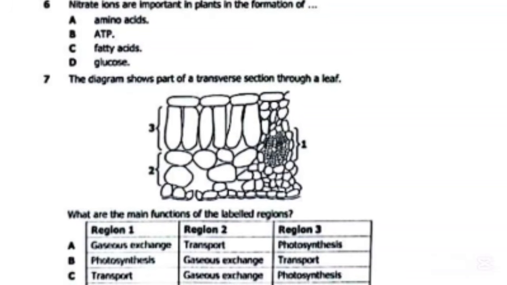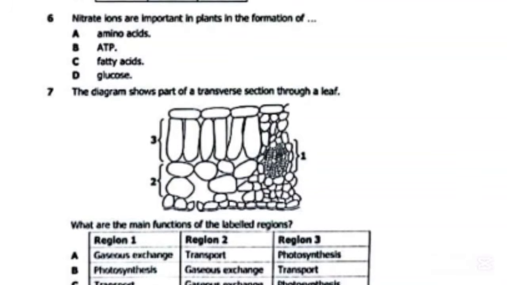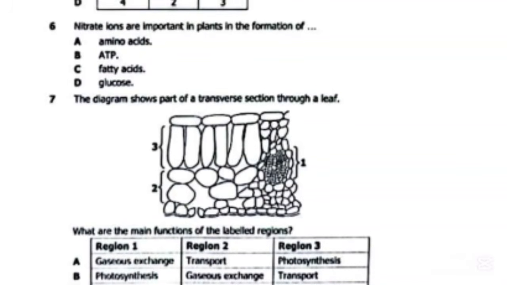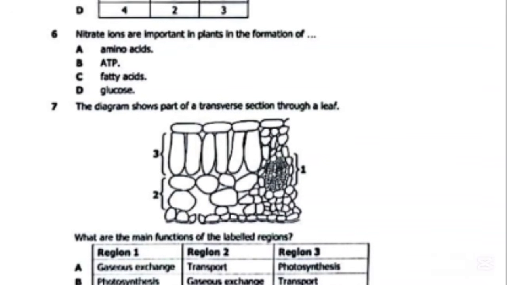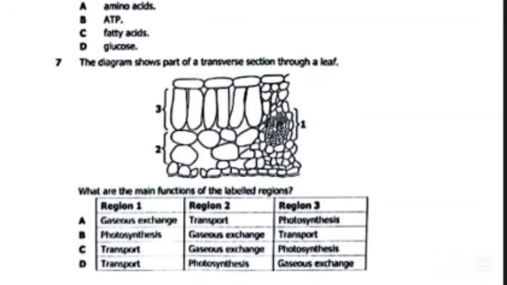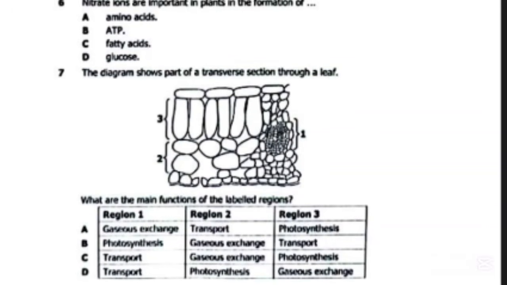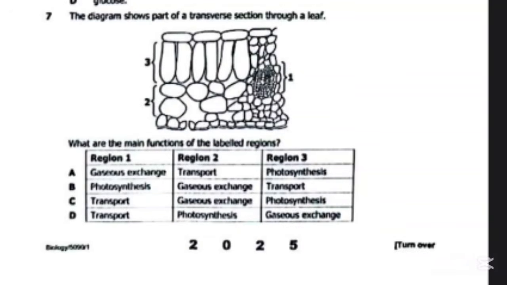Glucose to form amino acids. So remember, amino acids are formed from nitrates and glucose in bacteria. So that's what you need to remember. So here our answer is what? A. Moving on to question 7.